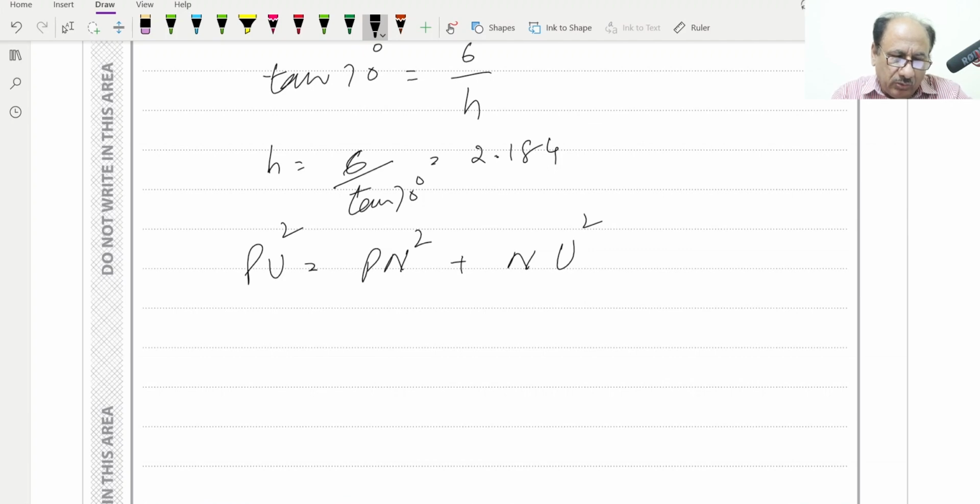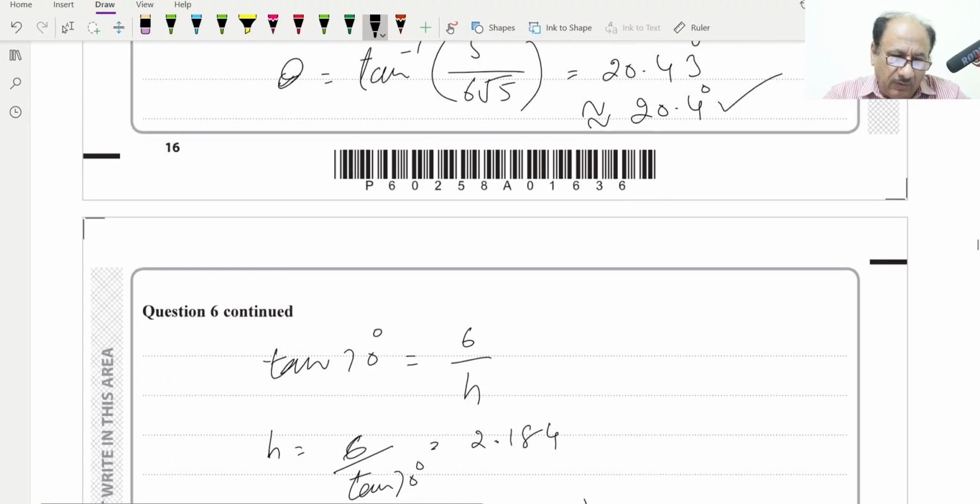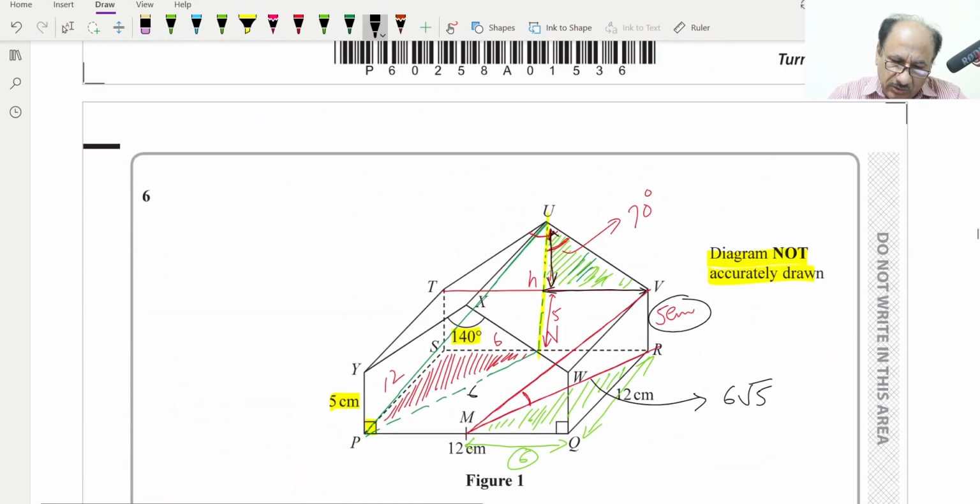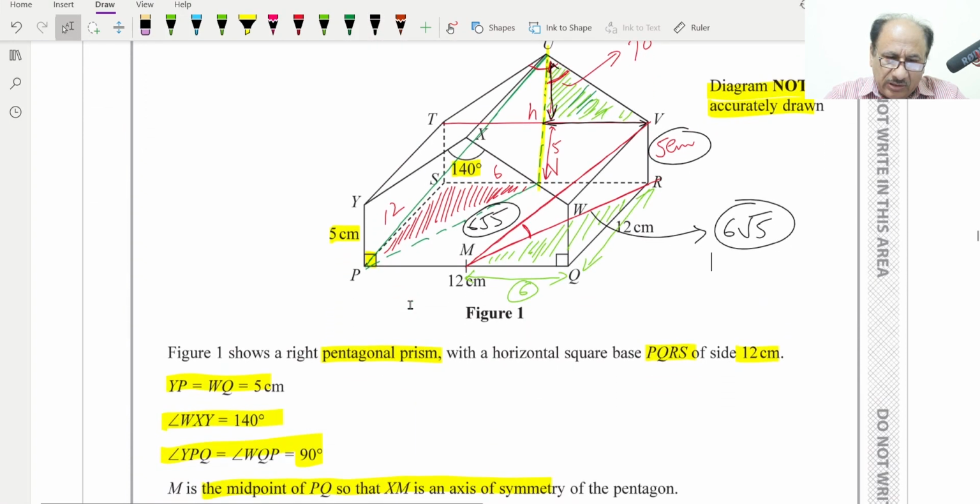PU square will be equal to PN square, which is the base, and NU, which is the height, so square of these two. And this will be equal to 6 under root 5. This side of the triangle, 6 under root 5, we have already calculated. It will be the same as we have calculated over here. So we'll take 6 under root 5.